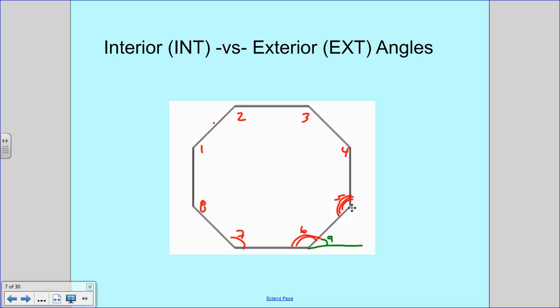And again, it's the same amount of interior angles. For every interior angle, there's an exterior angle. So there's going to be a 10th one here, there, and again, it's always a linear pair with the interior.